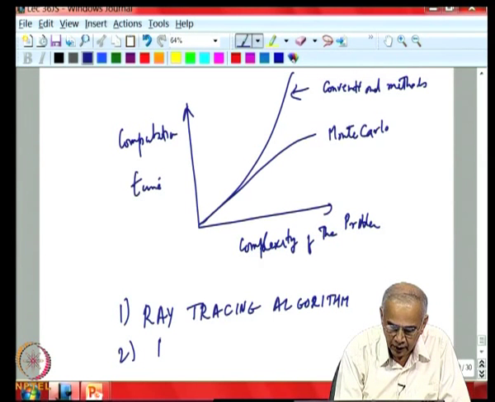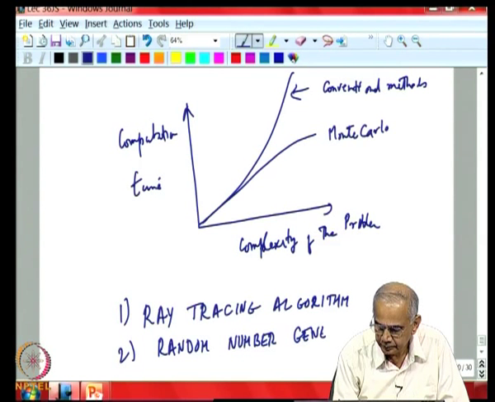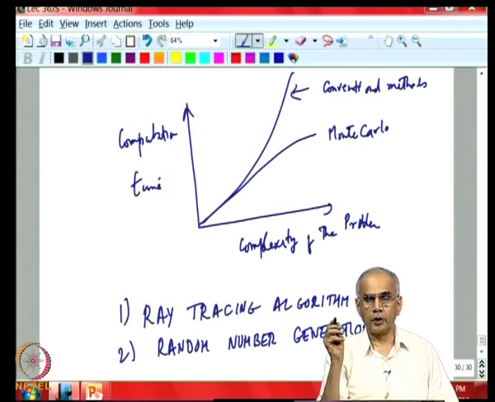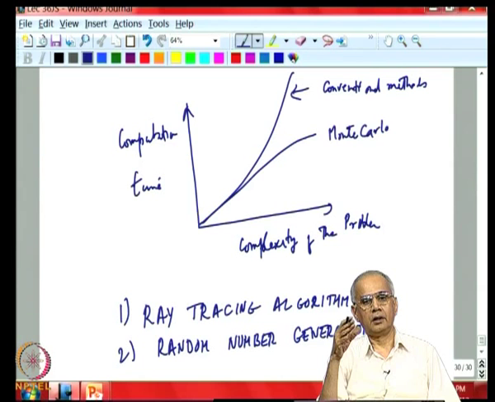Second, we need a random number generator. Now, this is very important in Monte Carlo, because you are going to follow millions of photons through their life, and how to select these photons, which wavelength, which angle, will have to be done through a random number generator.